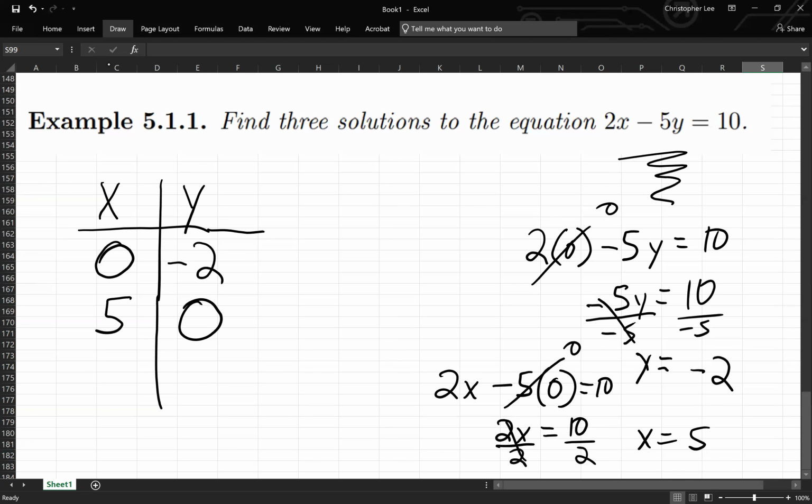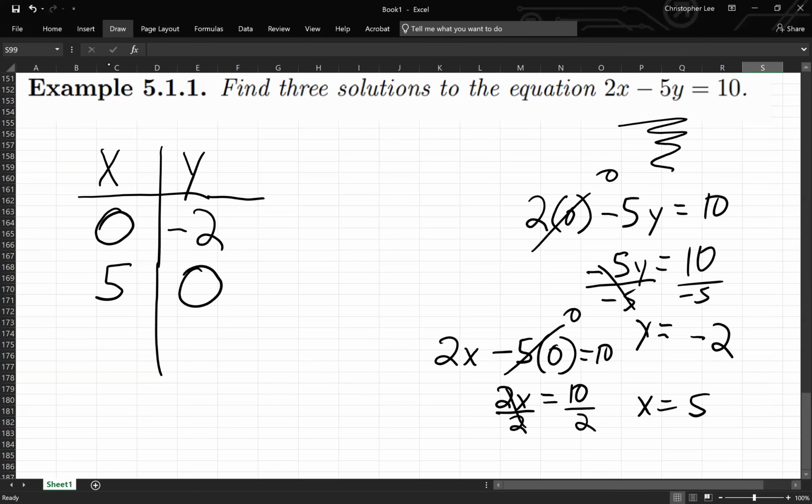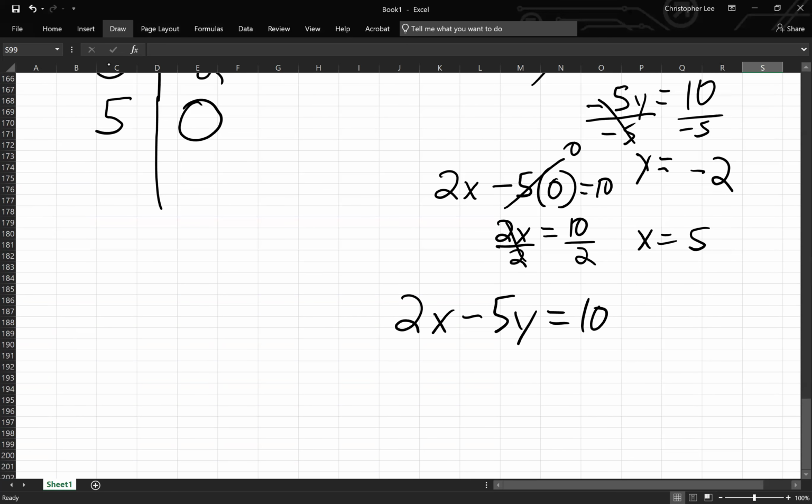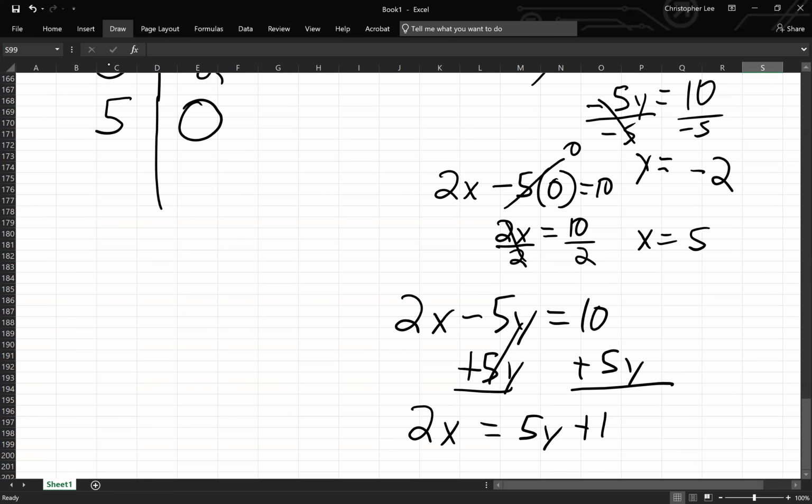Now I have to find the last pair. Now to find the last pair, you pick a variable. We picked x earlier. Solve for x. So I have 2x minus 5y is equal to 10. I'm going to add 5y over here. What I do to one side, I have to do to the other. So now I have 2x is equal to 5y plus 10.